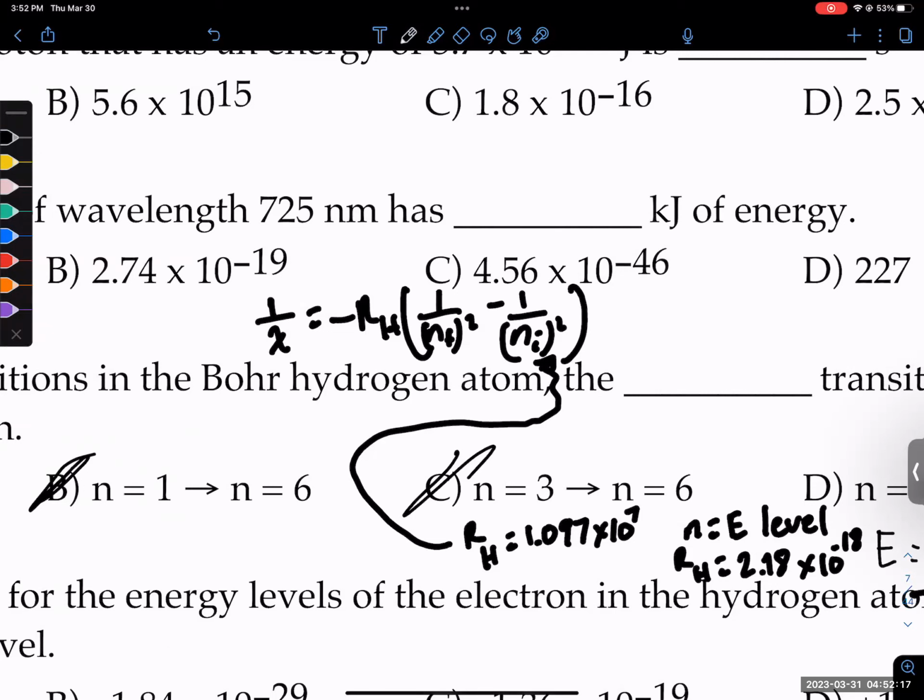If it's n initial minus n final, you would flip it, you take the negative away. But Rich and I always do final minus initial, because that makes more sense. Usually when you talk about displacement or change in something, it's always final minus initial. So if you use final minus initial, it should be delta 1 over lambda.